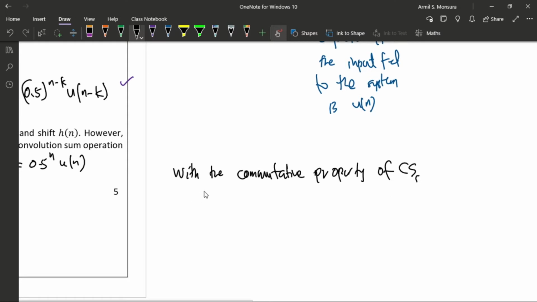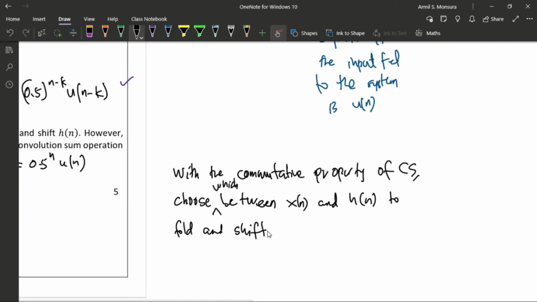Okay, you can choose which between xn and hn to fold and shift. Okay, you can choose between xn and hn to fold and shift. Alin sa hn at saka xn yung i-fold and shift natin.